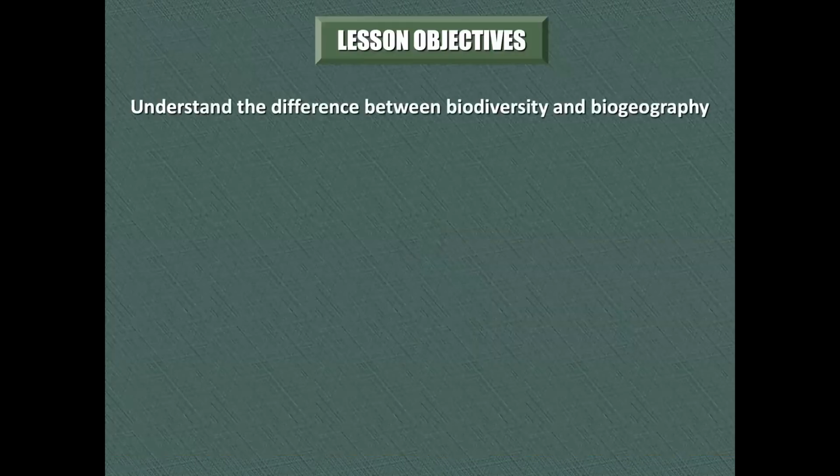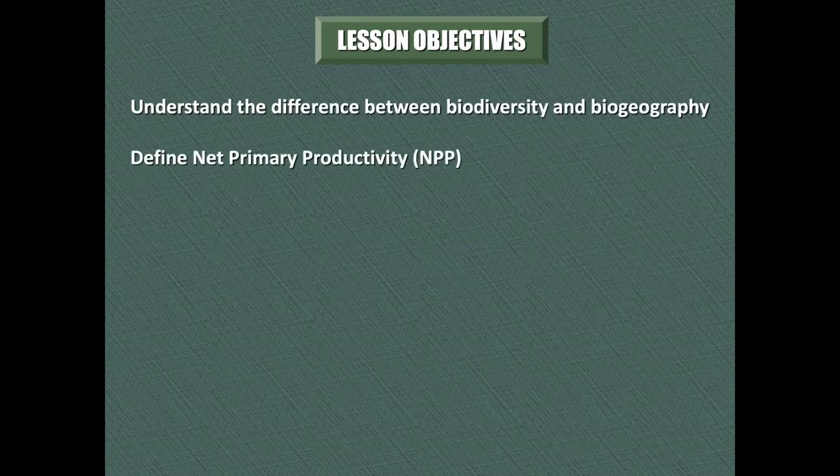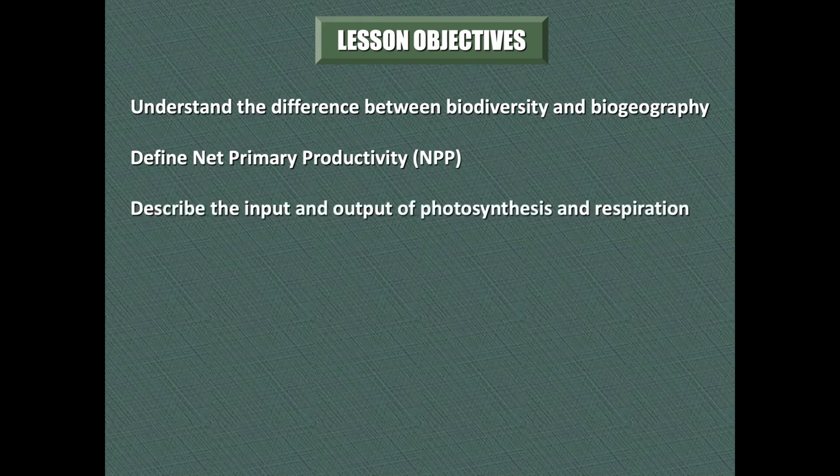So the objectives: understanding the difference between biodiversity and biogeography. Defining net primary productivity, where it is, where it tends to be highest, and so on. What's the difference between photosynthesis and respiration? I think most people get photosynthesis, but respiration is frankly the opposite of it.